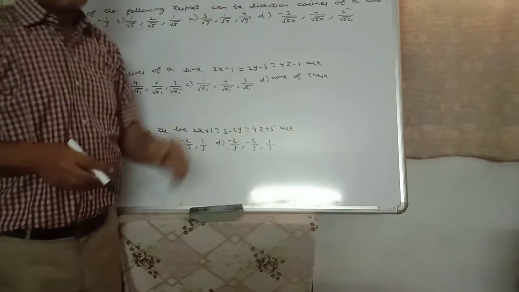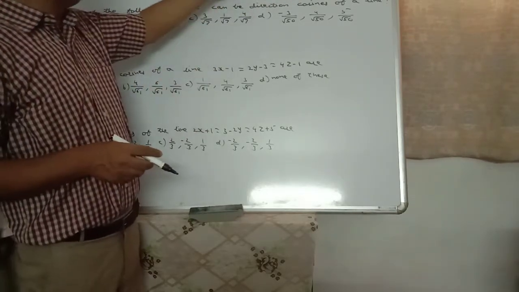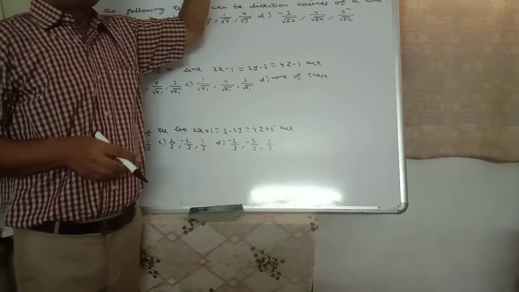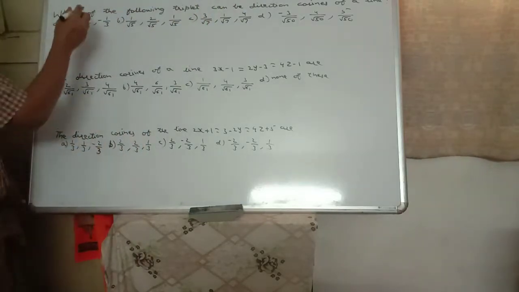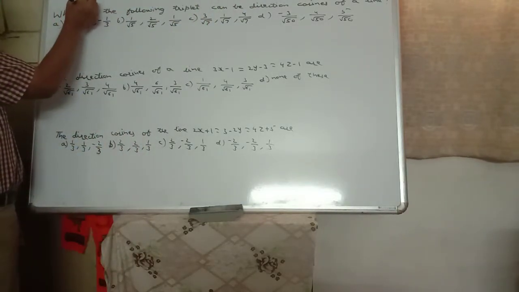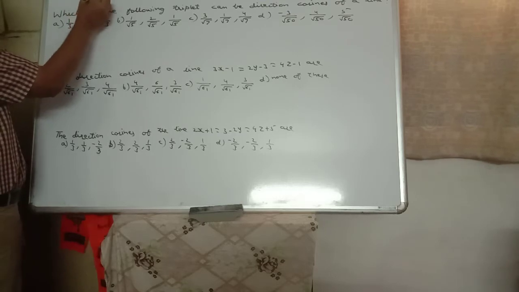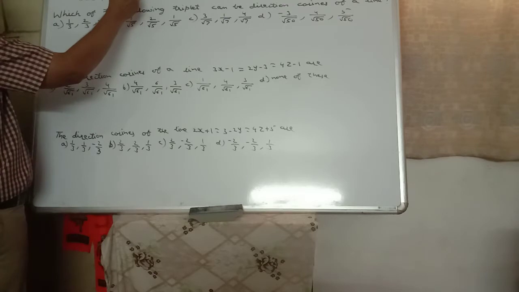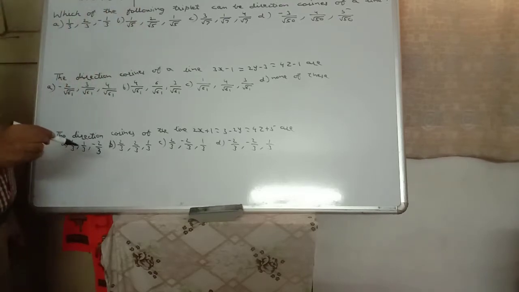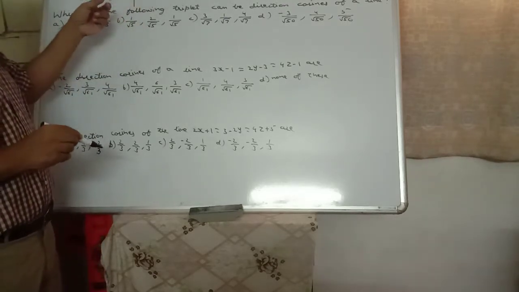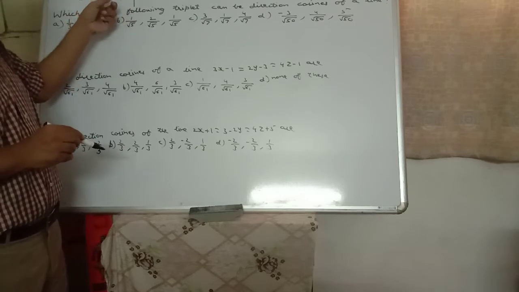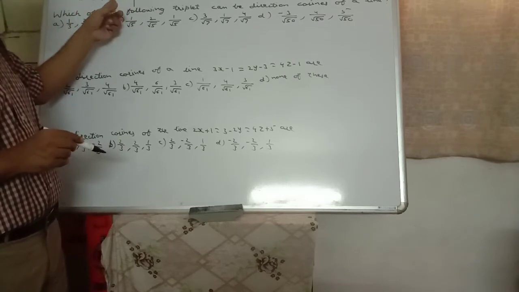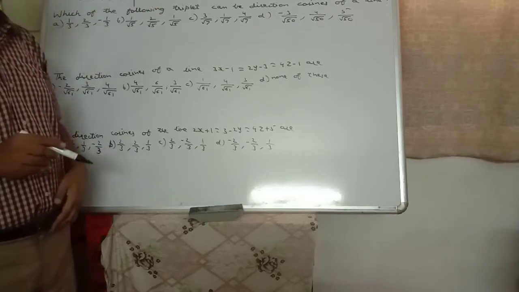Observe this line. We get the coordinates of a point on this line from the numerator. Suppose it is point B. Its coordinates are 2, 3, 4. If both the lines are passing through these 2 points, then the lines are coincident.